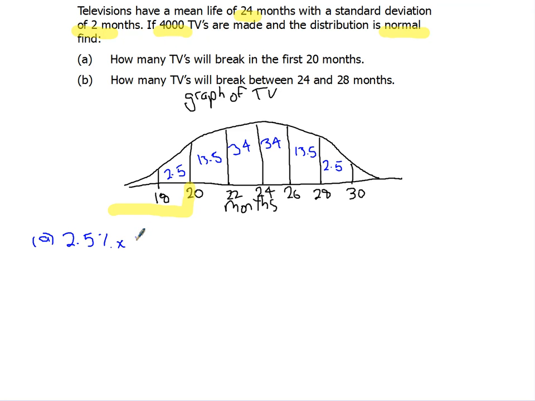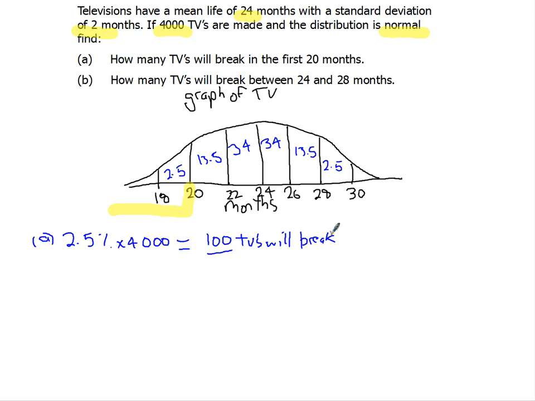So 2.5% times 4,000 will give us the number of TVs that will break in that time, and that gives us 100. Actually label it, 100 TVs will break.